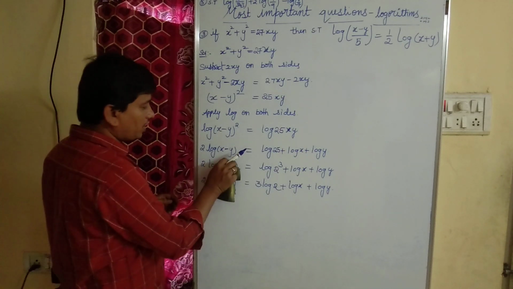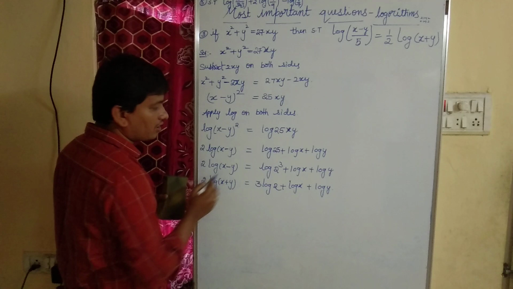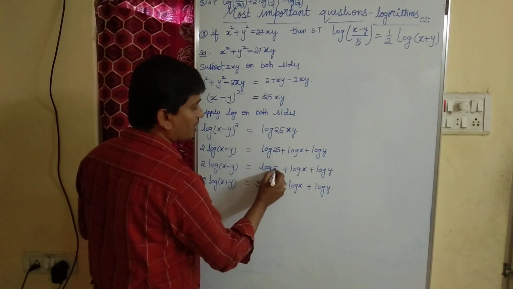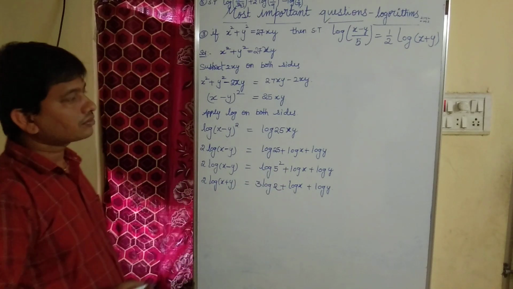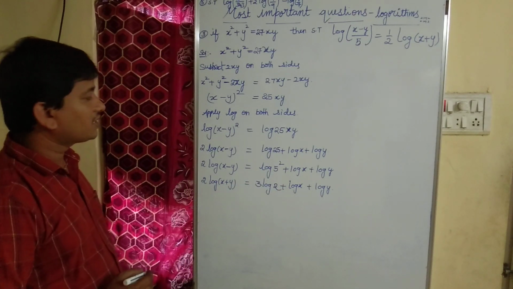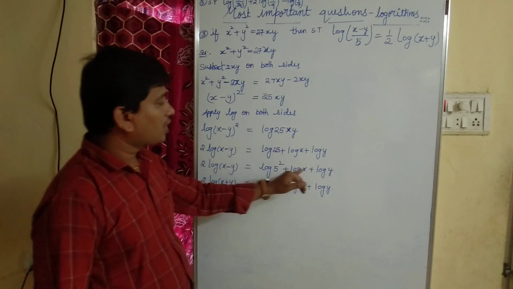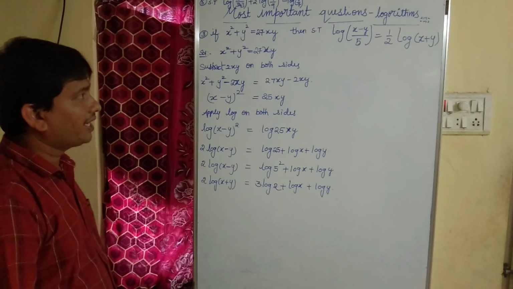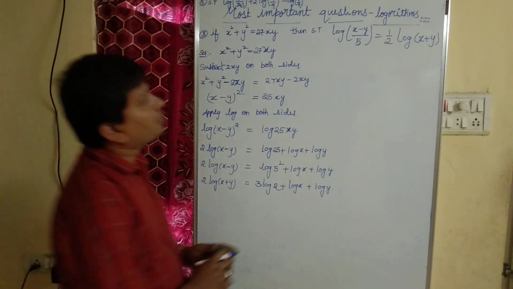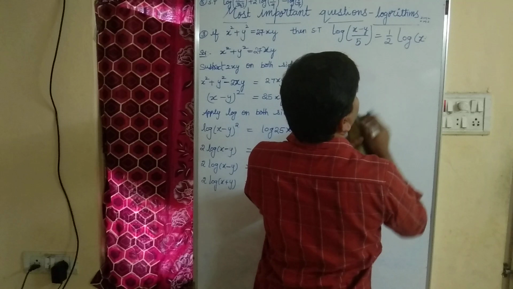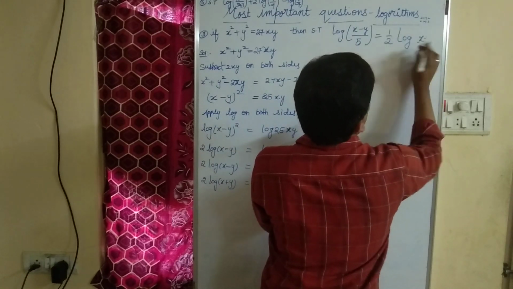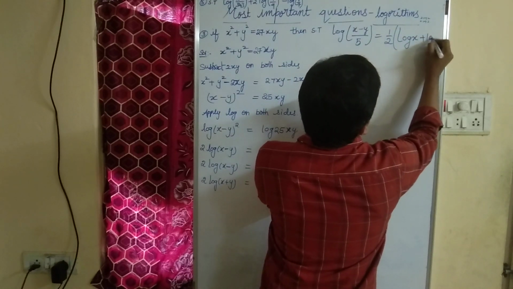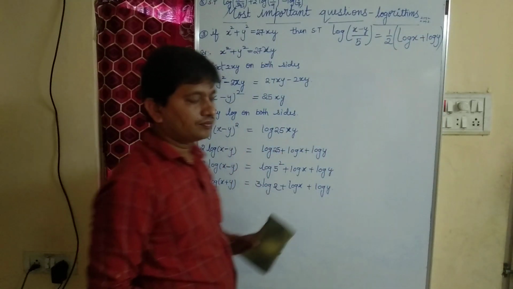Now 25 I can write as 5 square, plus log x plus log y. Half into log x plus half into log y, we have to prove, right?